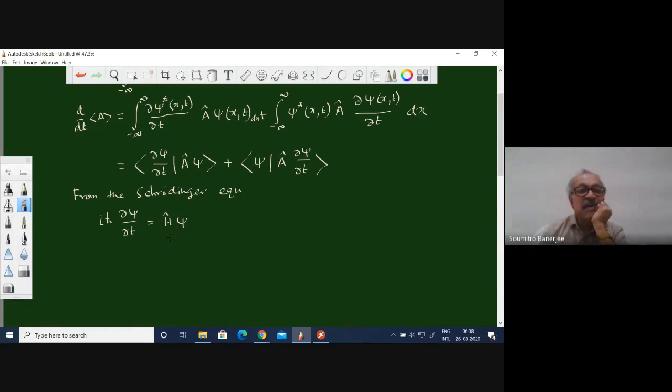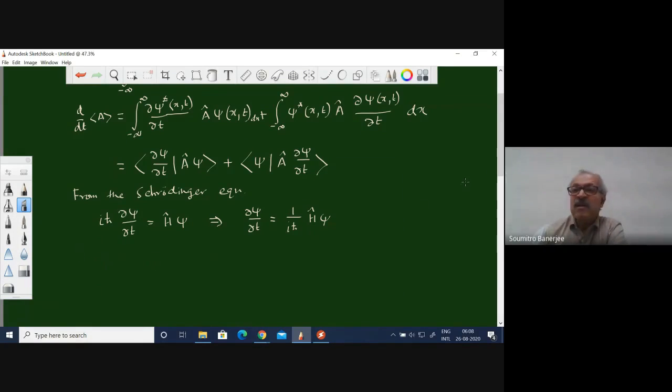This is the Schrodinger equation. And this yields del psi del t as 1 by i h cross H psi. Okay. So let us put this here and here.